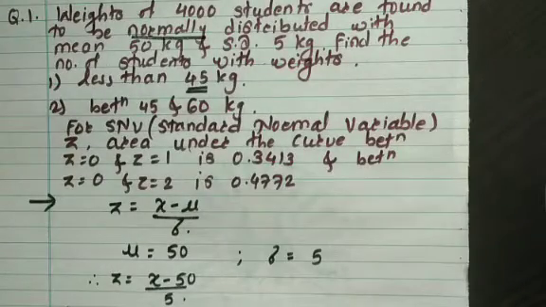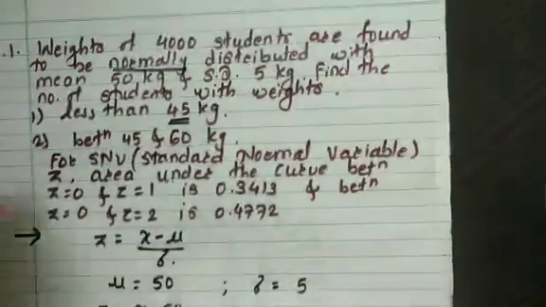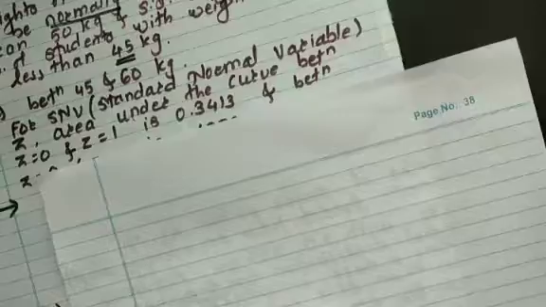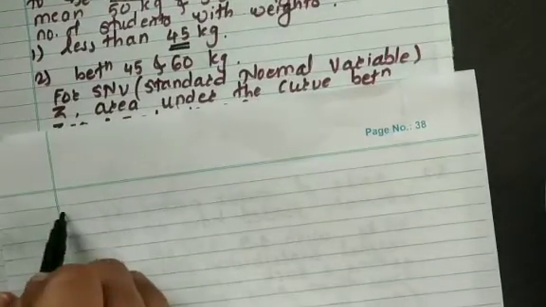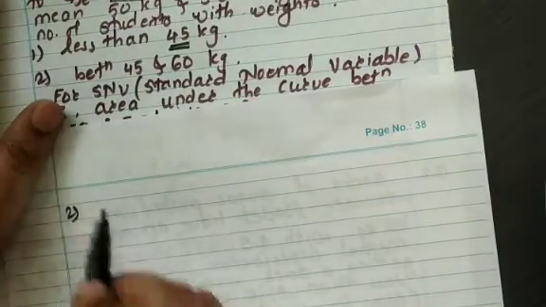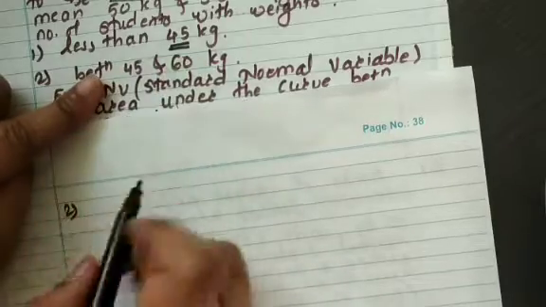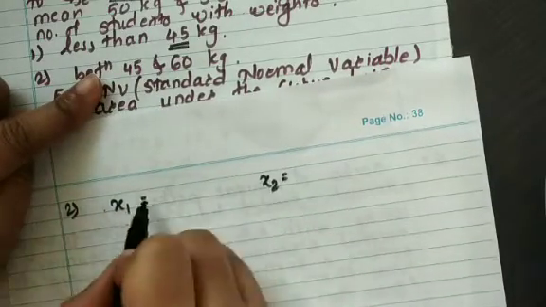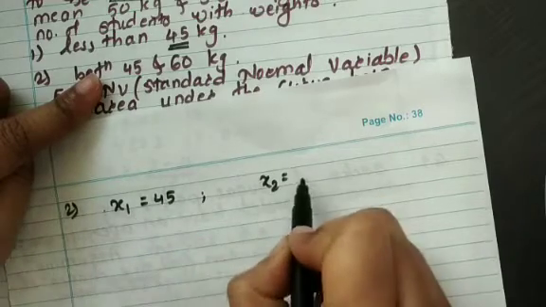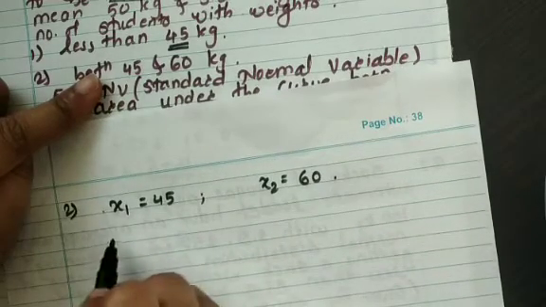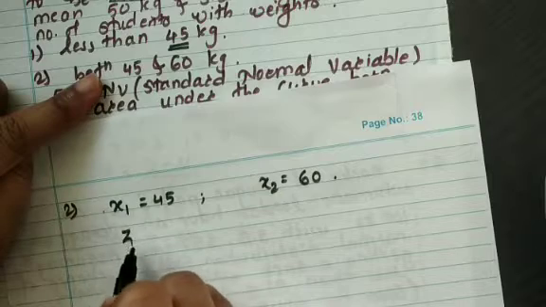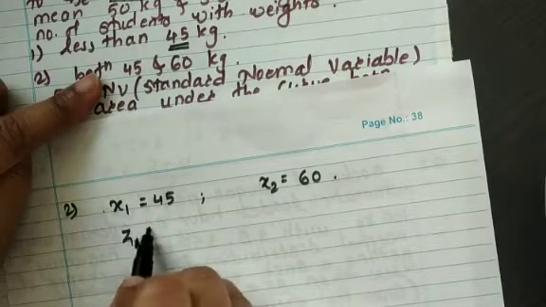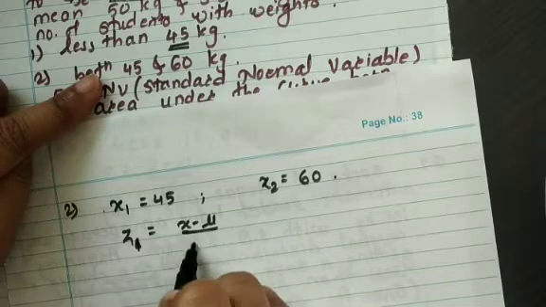Next we will solve the second question. Second question is between 45 and 60 kg. So for the second question, there are 2 values of x. We'll call them x1 and x2. So x1 is 45 and x2 is 60. So we'll have to find the corresponding z. So there will be z1 and z2. The formula for z is x minus mu upon sigma.